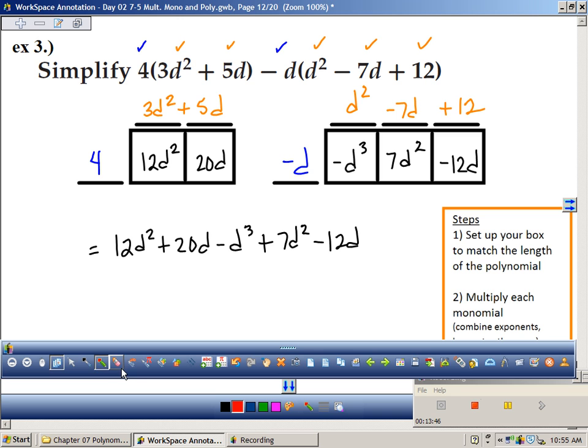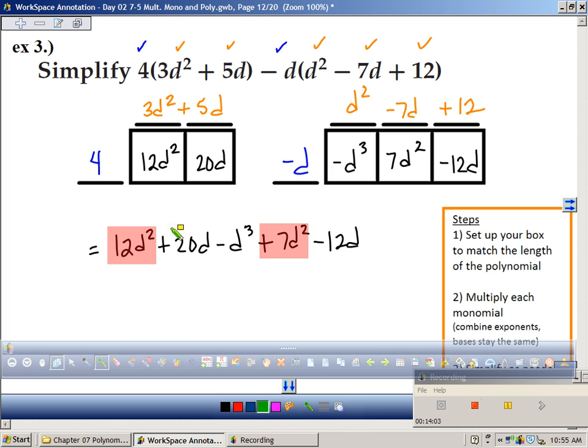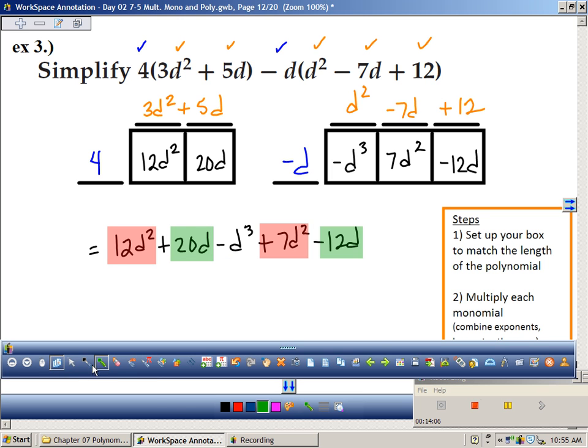Jacob, you see any like terms? Good. And do this a little differently than I did the last class. What else do you see that's like terms? Perfect. Negative 12d. Thank you. All right, so what am I going to write first? How about Matt?